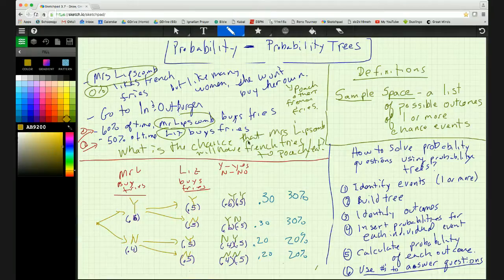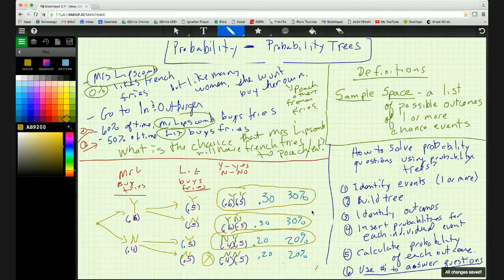That would be at least one of us buys French fries, and then Mrs. Lipscomb can poach out of either batch. So here's a yes. She can poach off of Mr. Lipscomb or Liz. Here she can poach off of Mr. Lipscomb. Here she can poach off Liz. And here's no. They both did not buy fries, so Mrs. Lipscomb has no fries because she won't buy them on her own. So 30 and 30 and 20 is 80% chance.